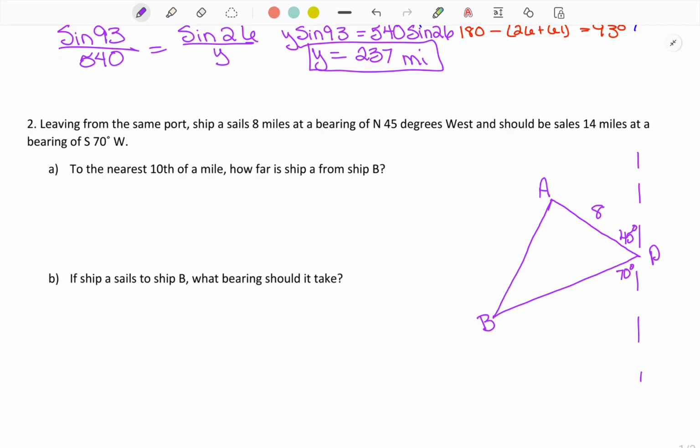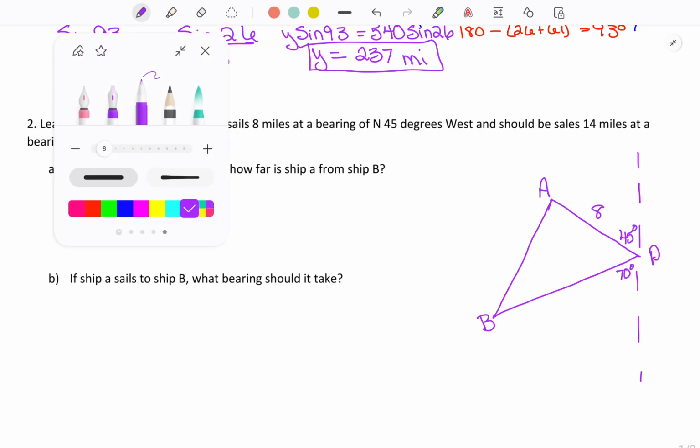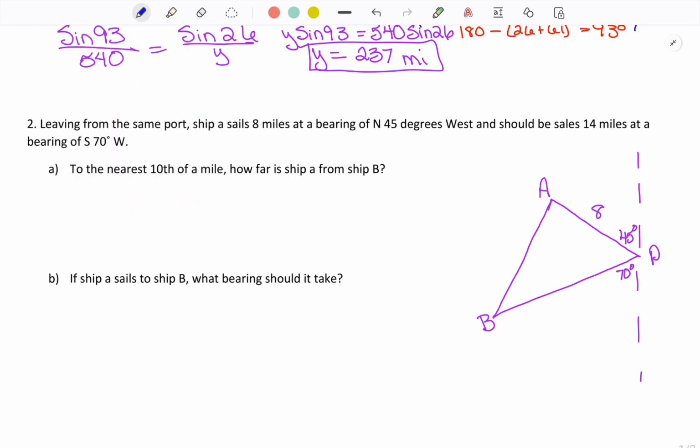So now, to the nearest tenth of a mile, how far is ship A from ship B? So we are looking for side AB as our x. We will subtract from 180 to get that angle measure, and that leaves us with 65 degrees.